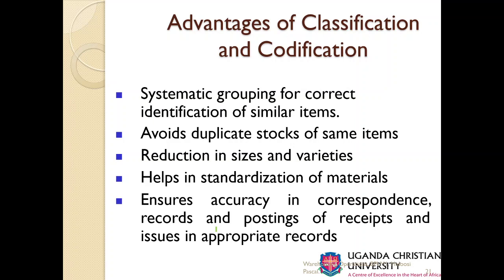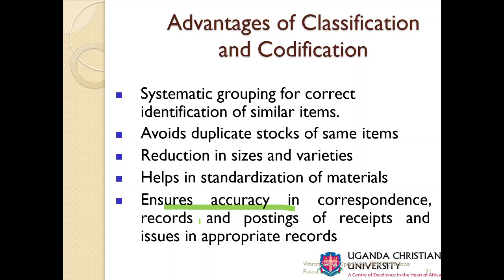Once each item has a number, once each item has an NIN, once each item has a fingerprint, it creates accuracy in your records. Remember, one of the most important things in the warehouse is having proper records of items in the warehouse so that you can be able to issue and have requisitions.